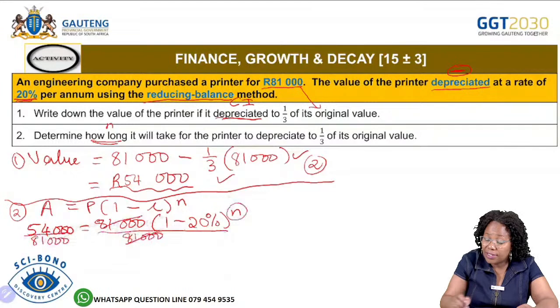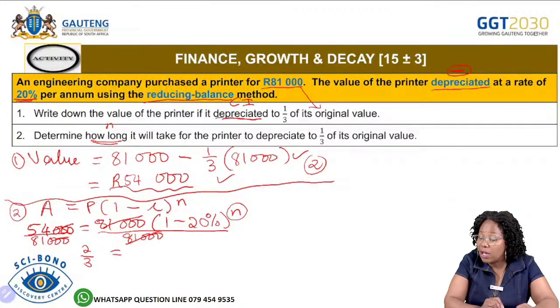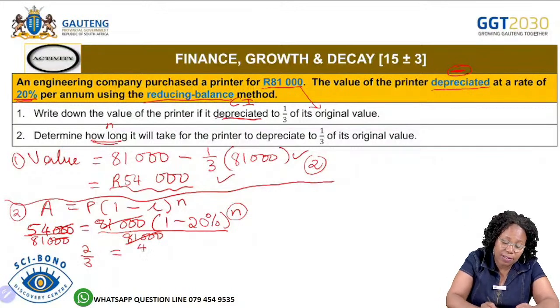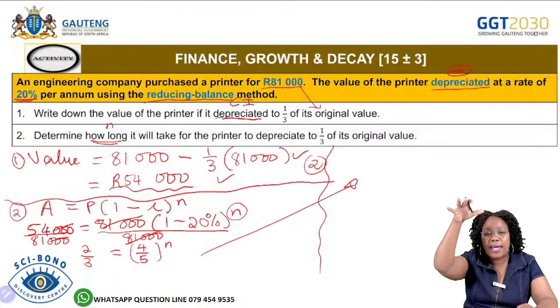Then on the left hand side we'll have 2 over 3, the simplified fraction of that. And on the right hand side we have 1 minus 20%, which will give us 4 over 5. And this is to the power n. Okay, and from here, grade 12, we want to bring n down.